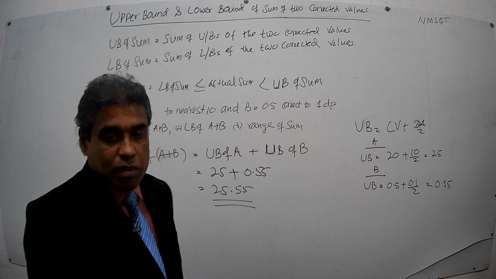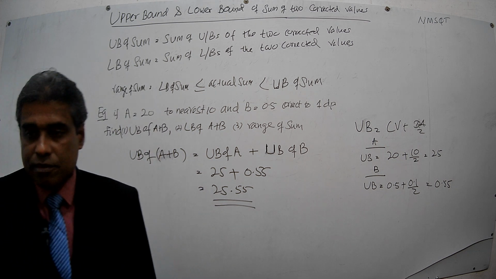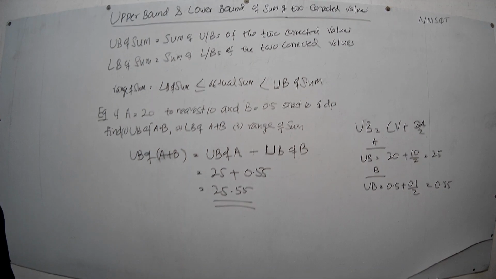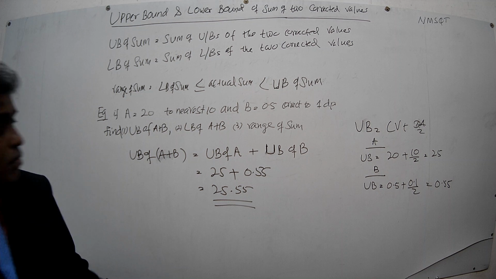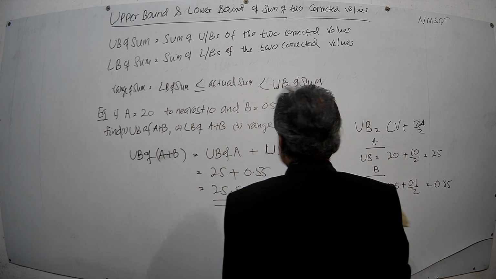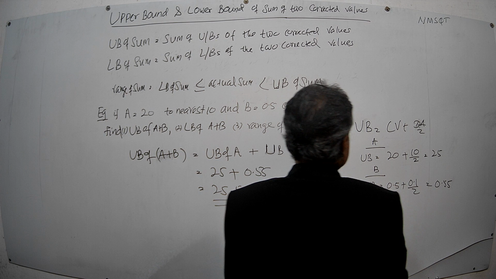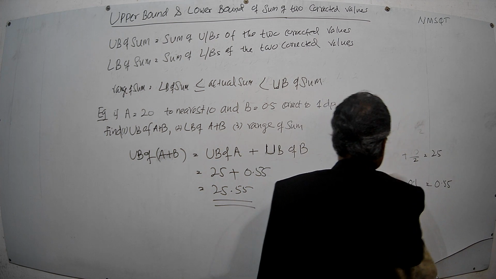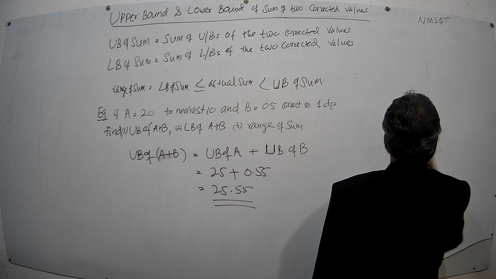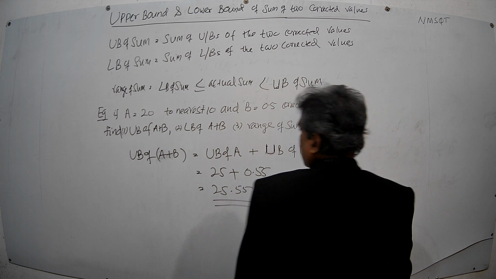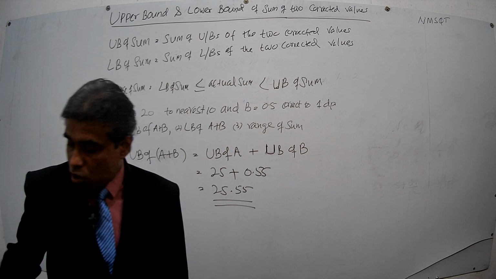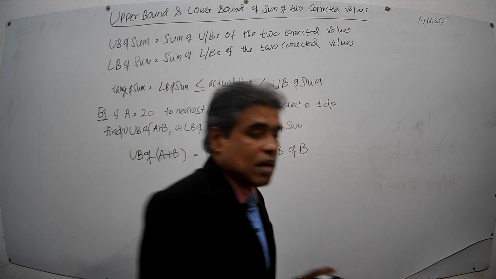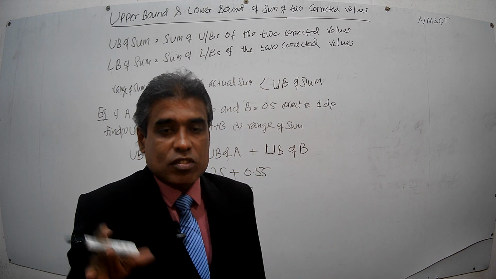Now we are going to find the lower bound. What is the lower bound formula? Here, the lower bound of the sum is equal to the sum of the lower bounds of the numbers.